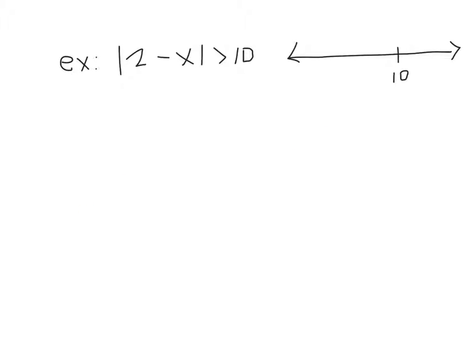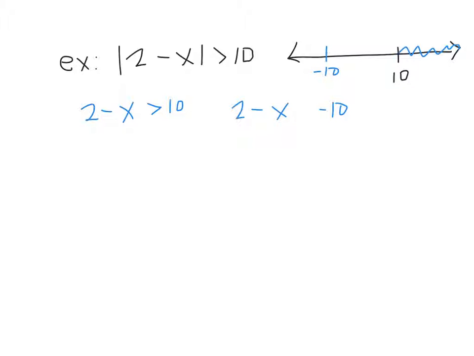Okay, here's another example. So for the positive case, we are going to just take off the absolute value signs and leave it as 2 minus x greater than 10. Okay, so we can kind of think, all right, this is what that looks like. For the negative case, we have 2 minus x, and we know we're going to have a negative 10, but whenever we take the absolute value, we want it to be greater than positive 10.